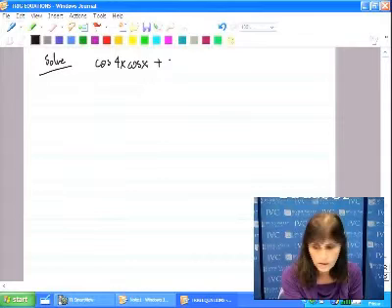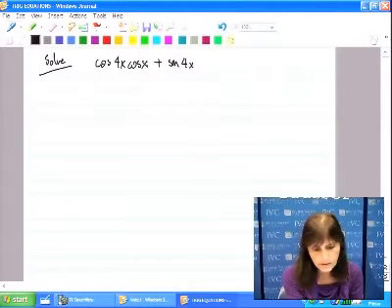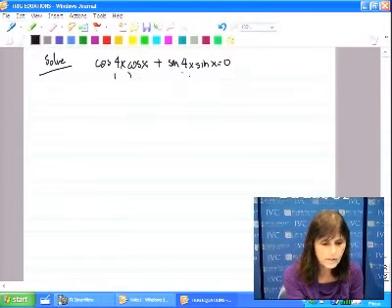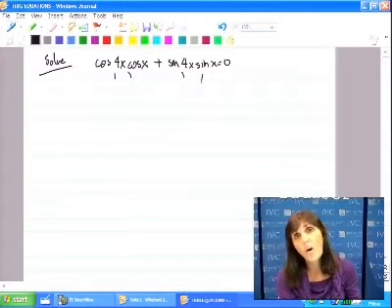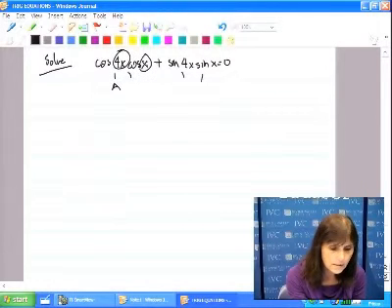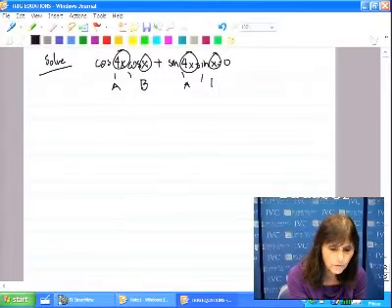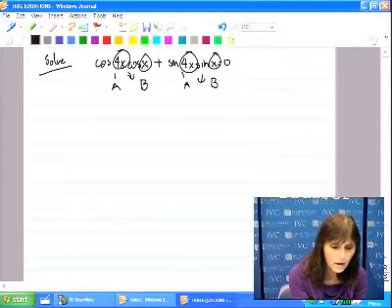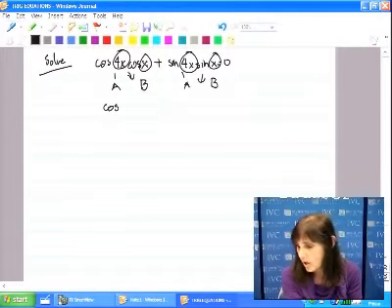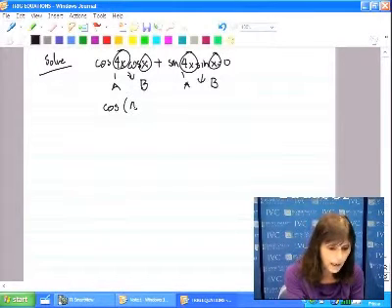That's the cosine formula. Remember how this is? This is A, this is B, this is A, this is B. If you remember your basic trig, what do you get? This formula is actually cosine of A minus B.